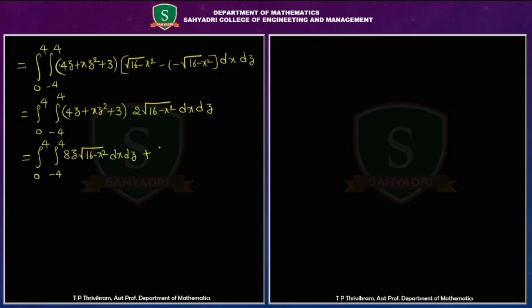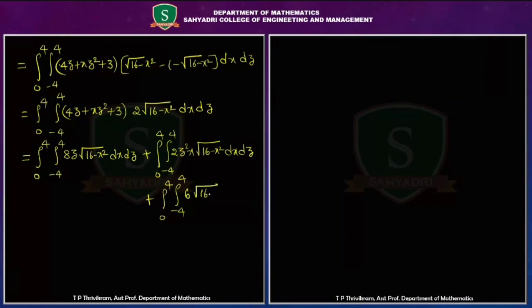Plus integral 0 to 4, integral minus 4 to 4, 2xz square, or you can write it as 2z square x root 16 minus x square dx dz. Next plus integral 0 to 4, integral minus 4 to 4, next 3 into 2, that means 6 root 16 minus x square dx dz.